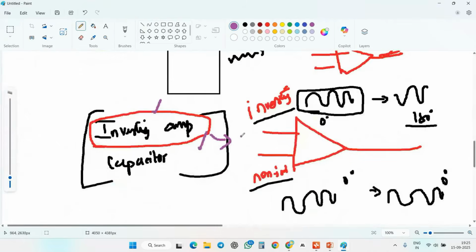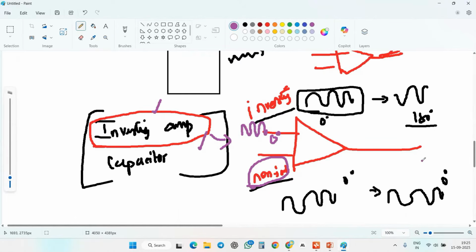That weak signal, I give it as an inverting input. Okay, initially 0 degree at the inverting input. So you may ask this question: why are you giving it to the inverting input instead of the non-inverting input? Because if you give a non-inverting input, it will produce the same phase, right? So why are we specifically doing this process?